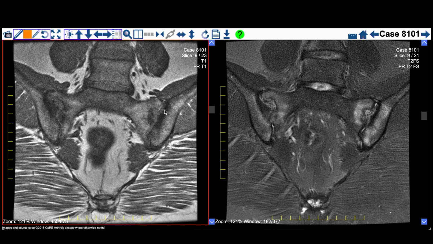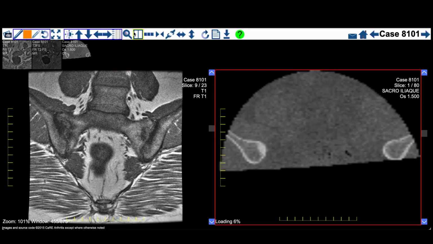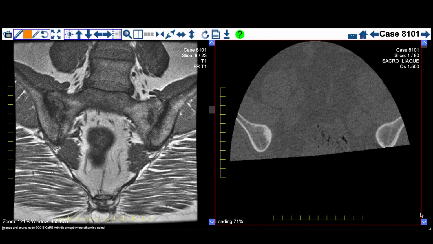The dark signal that we see in both iliac bones, you will recall that bone is dark on an MRI, and this reflects sclerosis in the iliac bones. Now let's look at the CT scan of this same patient.